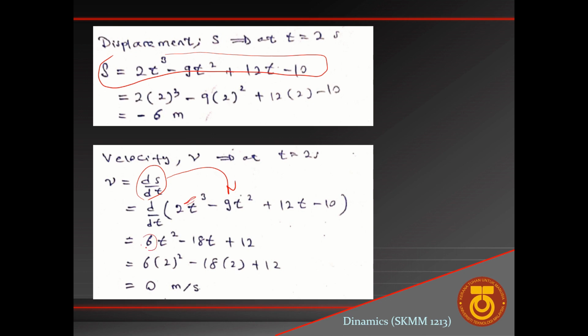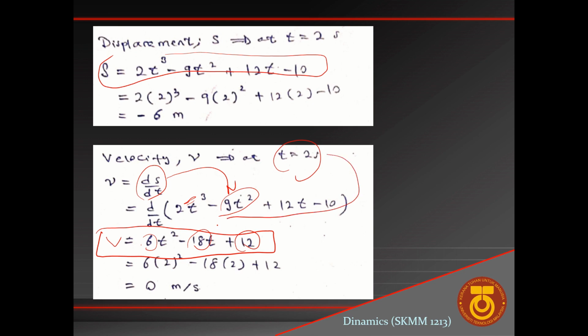So you have 6t squared minus 18t, plus 12. So this is your equation for v. You want the velocity at t equal to 2 seconds, so just replace t equal to 2 here, and you get v equal to 0.